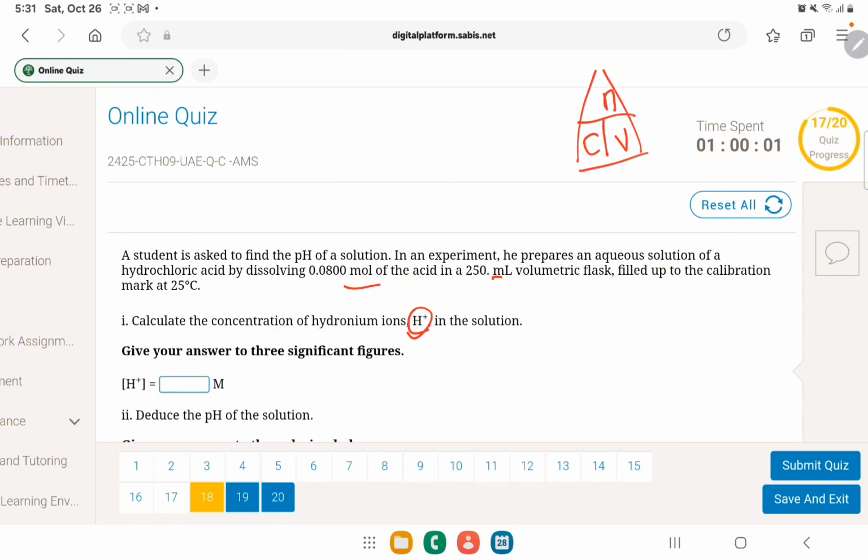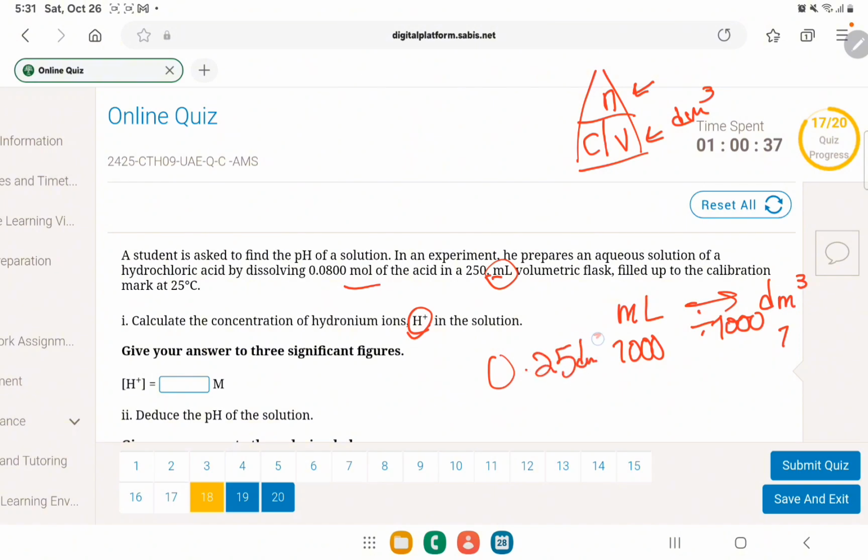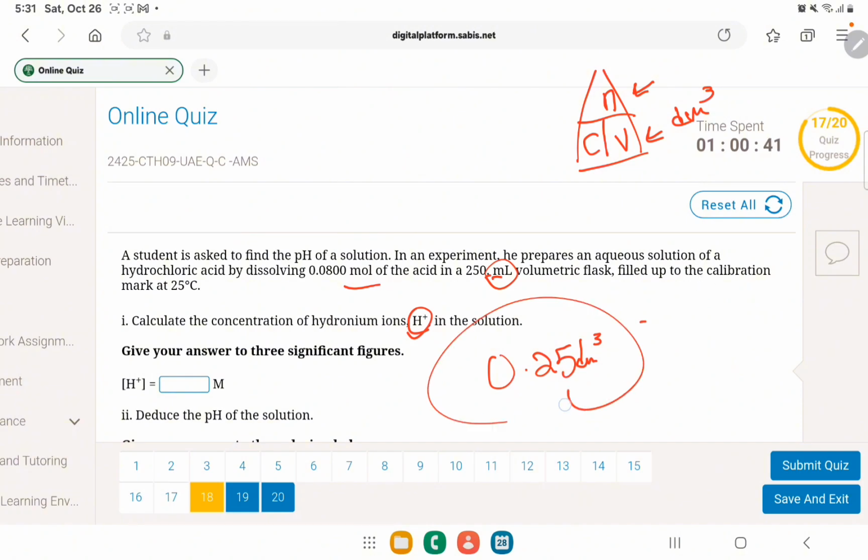So we put the number of moles over the volume, which is always in decimeters cubed. If we have milliliters, we change it into decimeters cubed by dividing by 1000. So 0.25 decimeters cubed. That's the volume.